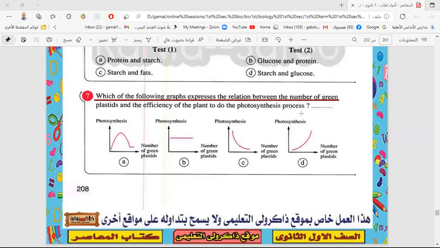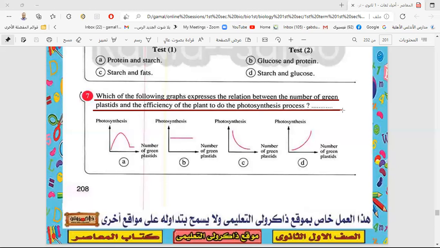So as the number of green plastids increases, this means that the amount of photosynthesis increases. The process of photosynthesis will increase. So there is a direct relation between the number of green plastids and the amount of photosynthesis.